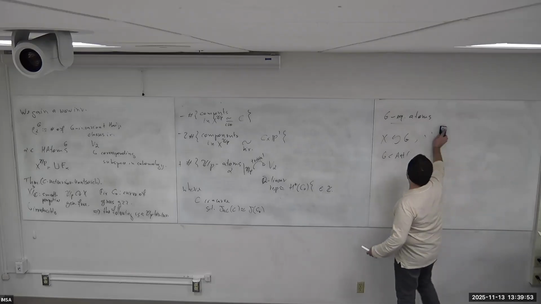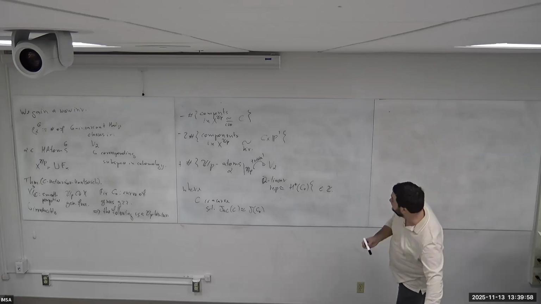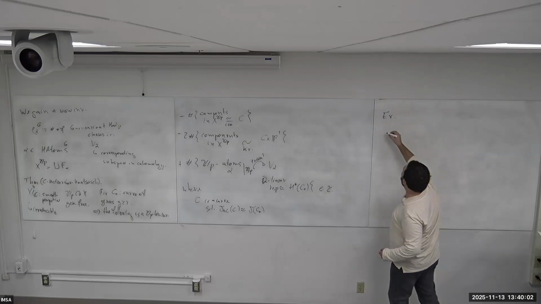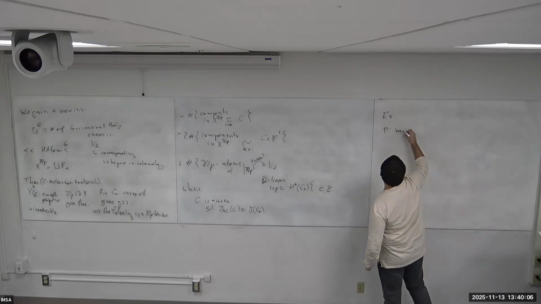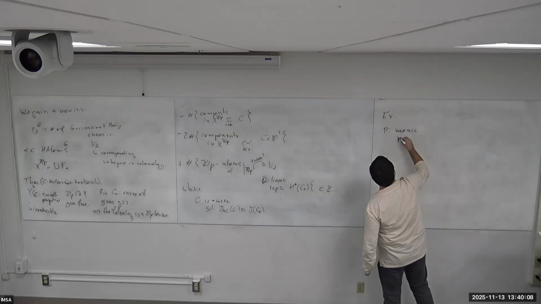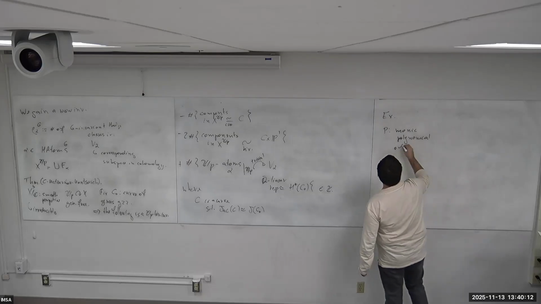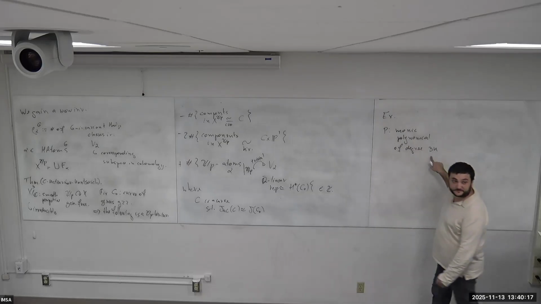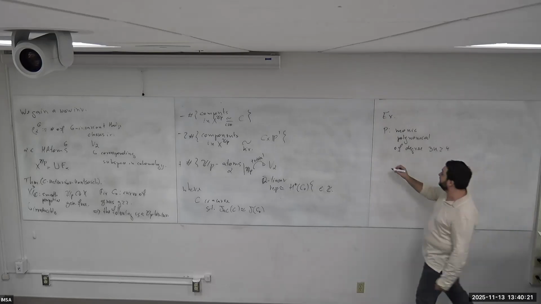So, an application example. You pick P to be a monic polynomial of degree 3k that you assume to be greater or equal to 4, with only simple roots.